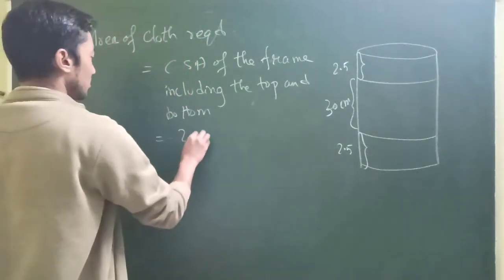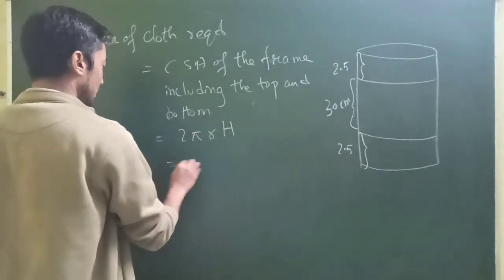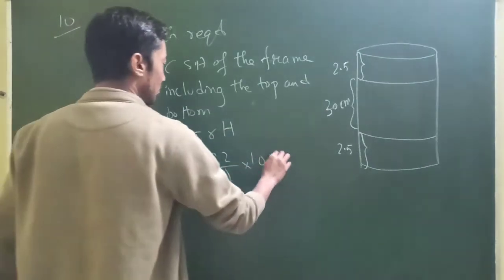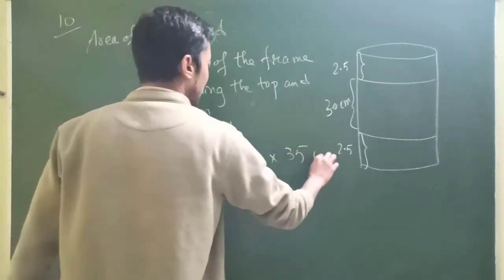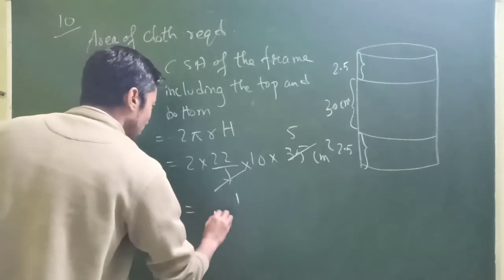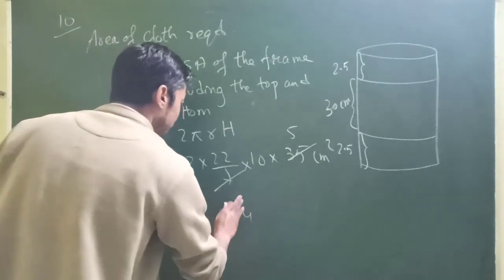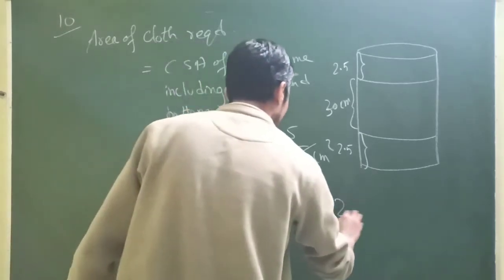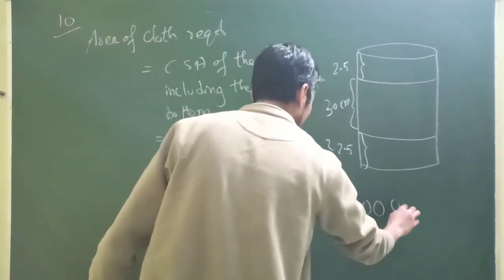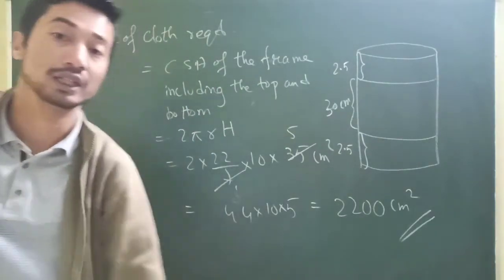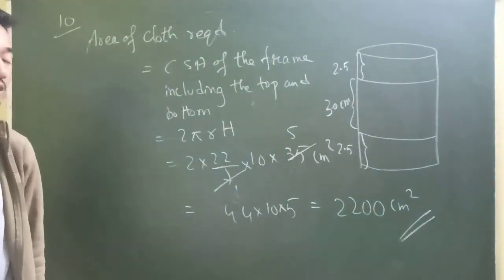So that's going to be 2 pi r h, 2 into 22 by 7 into 10 into 35 centimeters square. 7 ones are 7, 5, so 44 into 10 into 5, so that's going to be 2200 centimeters square. I think the answer is correct.